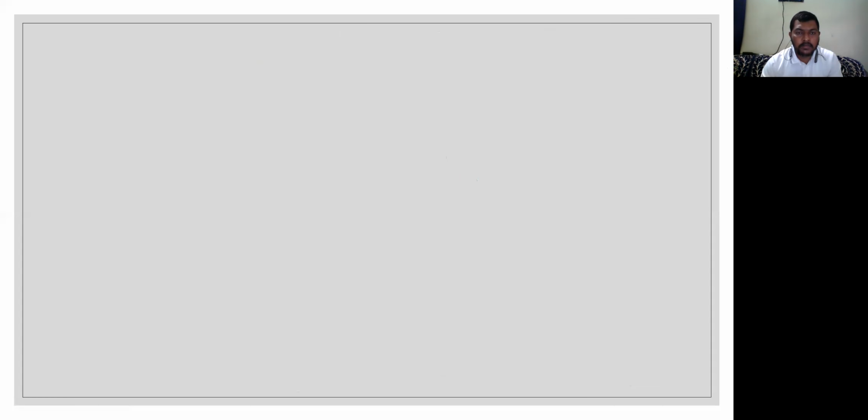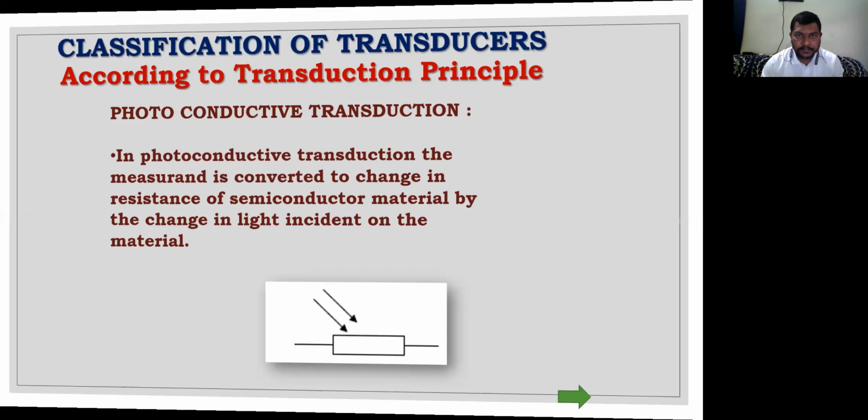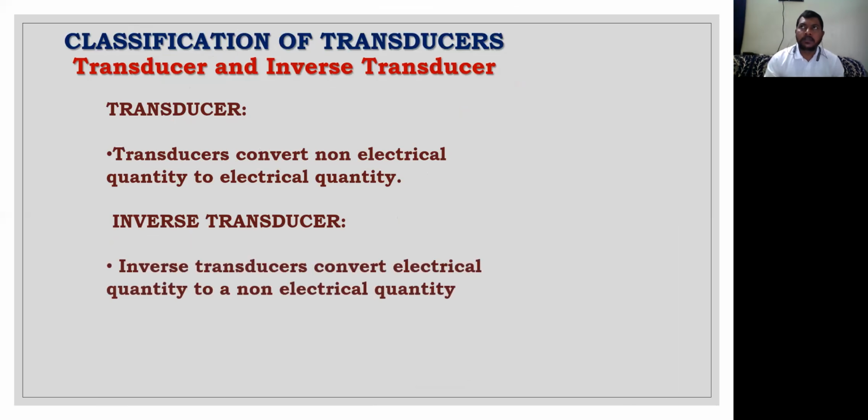This is the photoconductive transducer, which works according to the intensity of light. Then we studied the transducer and the inverse transducer. A transducer converts a non-electrical quantity to an electrical quantity, whereas an inverse transducer converts an electrical quantity to a non-electrical quantity. For example, a speaker.